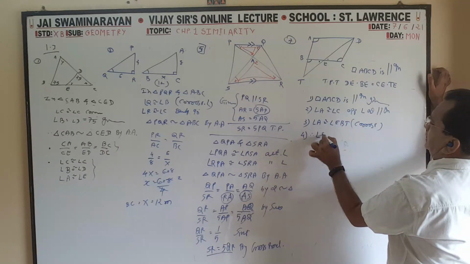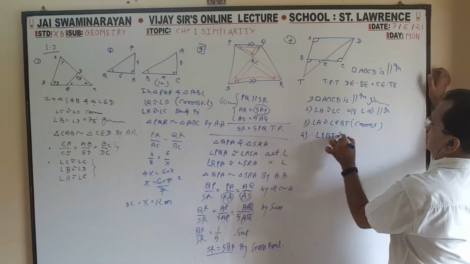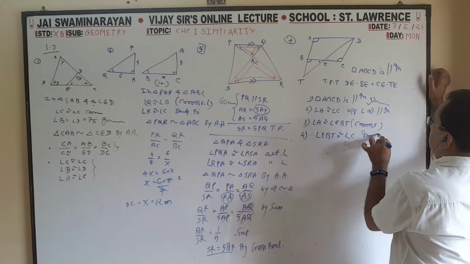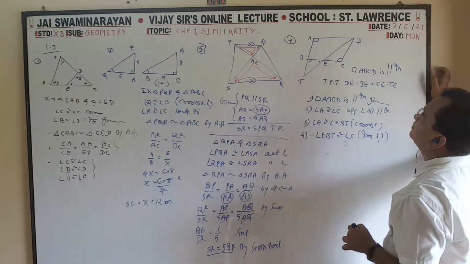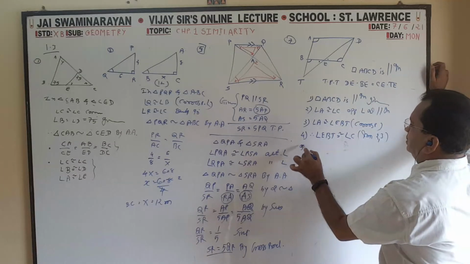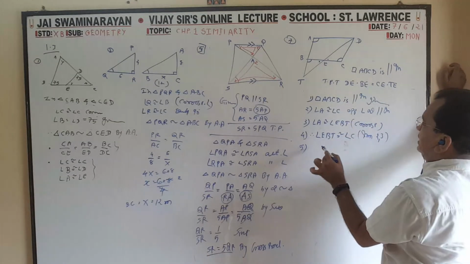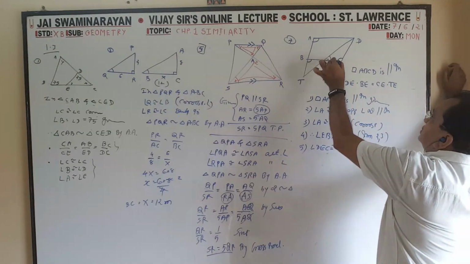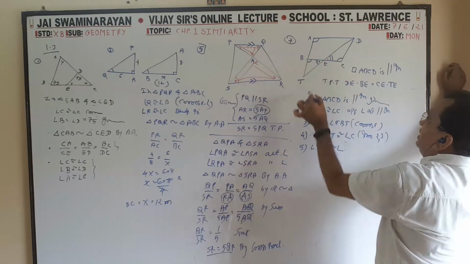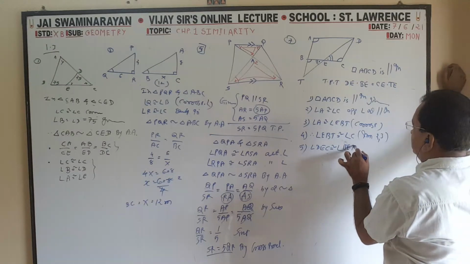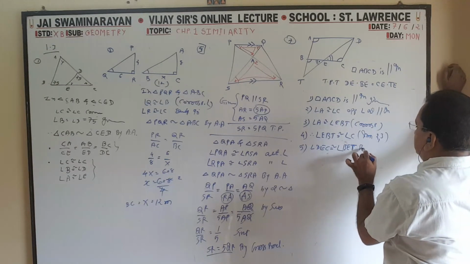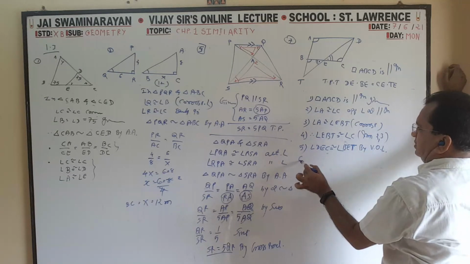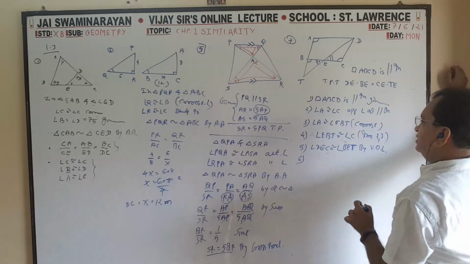Therefore, angle EBT is congruent to angle C from 2 and 3. Angle DEC is equal to angle BET by vertically opposite angles.